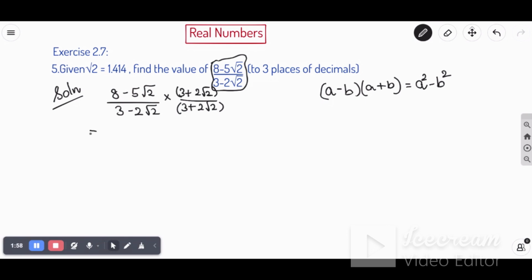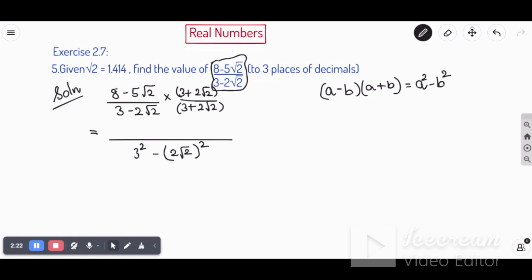So let us start using that for the denominator. It becomes A square minus B square. This is our A and this is our B. So A square is 3 square, minus B square, and do remember you have to put 2 root 2, which is your B, the whole square.